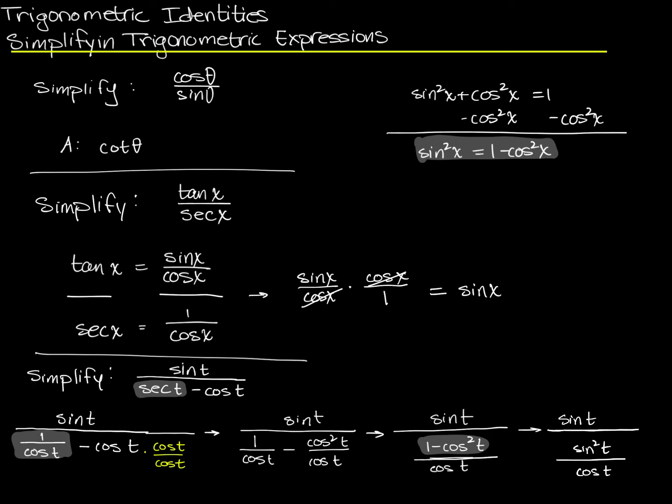So this is my big fraction bar here. If I put sine of t over 1, then I have a fraction over a fraction. A fraction divided by a fraction is a fraction times a reciprocal, so I'm going to rewrite this as the sine of t over 1, not divided by sine squared over cosine, but times cosine divided by sine squared.